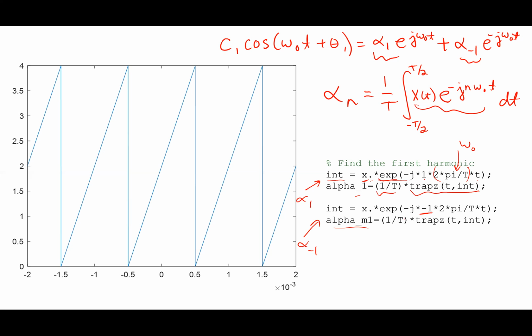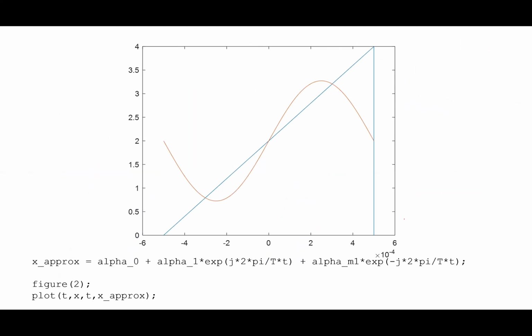So I do that, and then to check myself, remember our definition for x of t is that if I know the alpha n values, it's supposed to be the case that I can go from negative infinity to infinity of alpha n e to the j n omega naught t, like so.